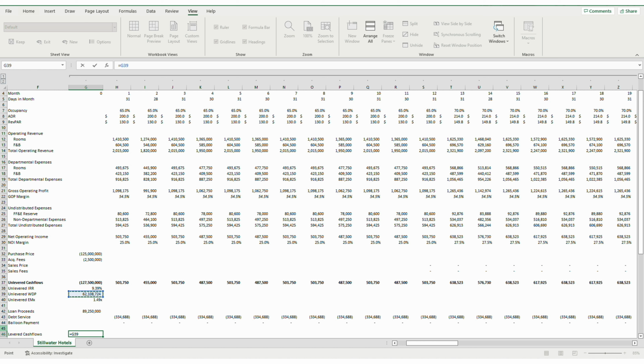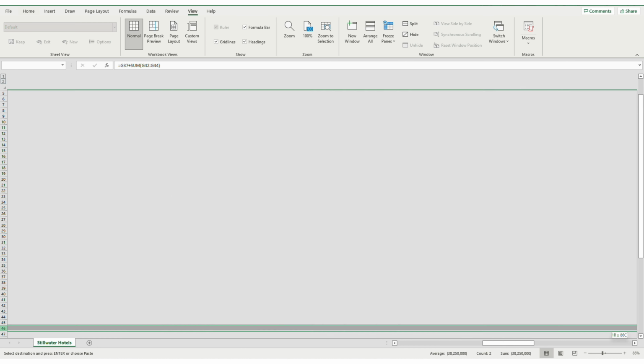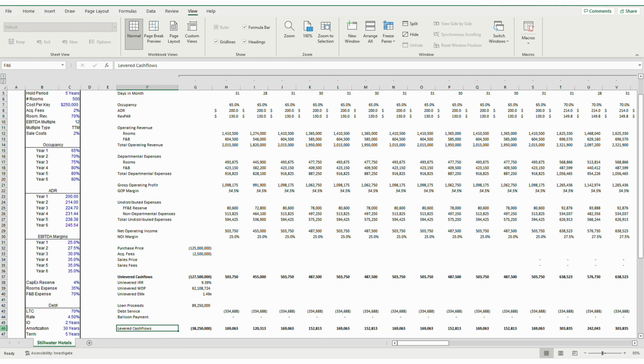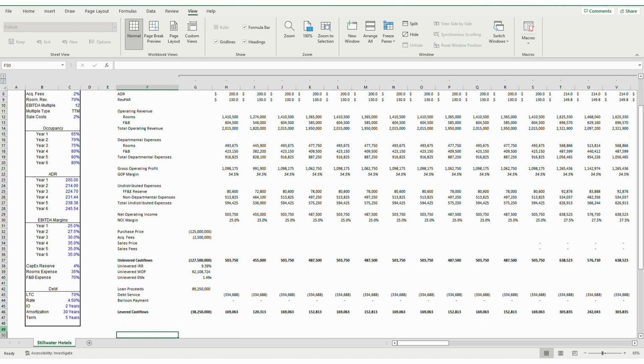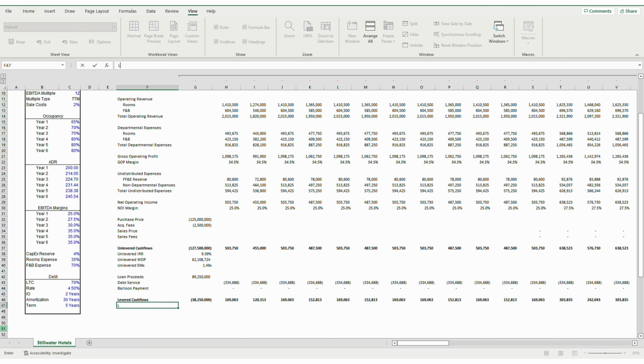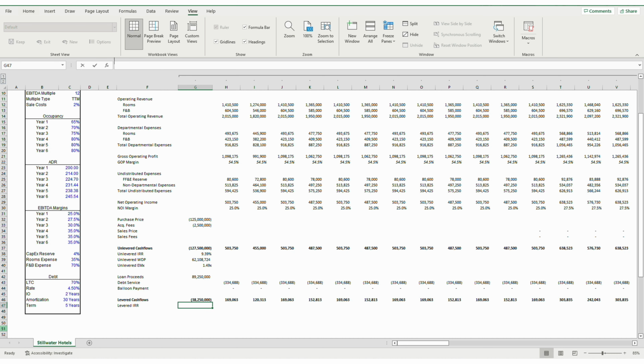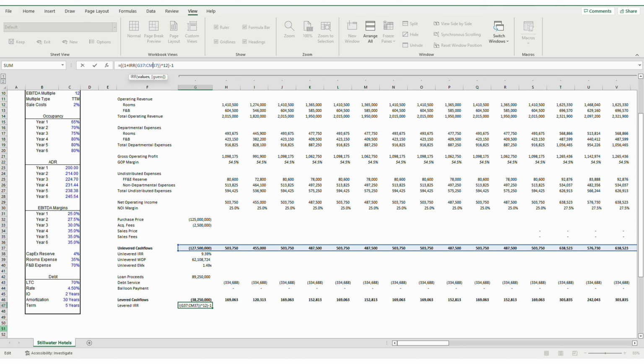Levered cash flows are the sum of the unlevered cash flows as well as the debt cash flows, which I just calculated. For levered IRR, I can take the same formula and adjust the unlevered cash flows and change them to my levered cash flows.